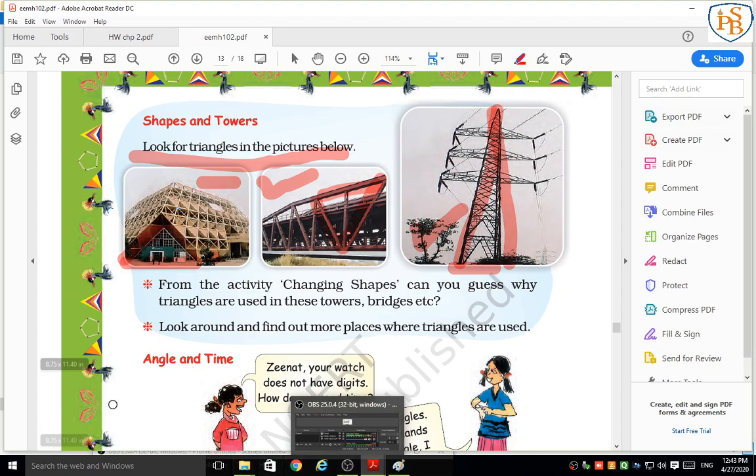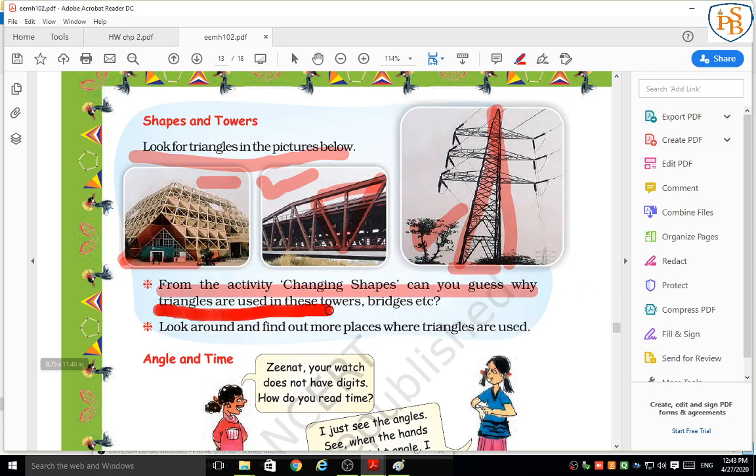Now, from the activity of changing shape, can you guess why triangles are used in towers and bridges? Students, can you tell me why triangles are used for making the shapes of towers and bridges? Correct.